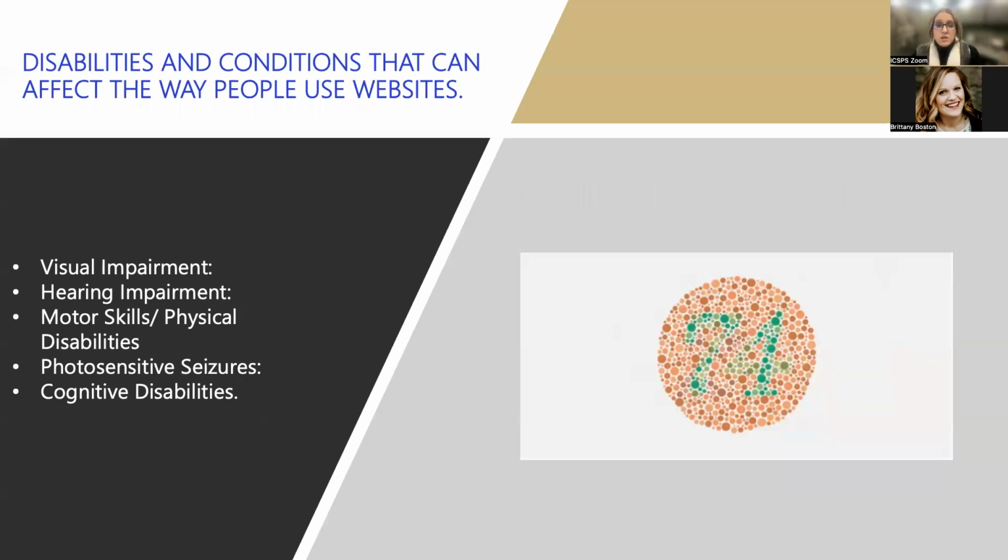So there are a multitude of disabilities and conditions that can affect the way people use websites. So every website owner, a consumer, private business, public sector, institutions want to attract as many visitors as possible, right? We want everybody to hear the good news about our programs. And so few take the steps necessary to ensure that their site can reach everybody, right?